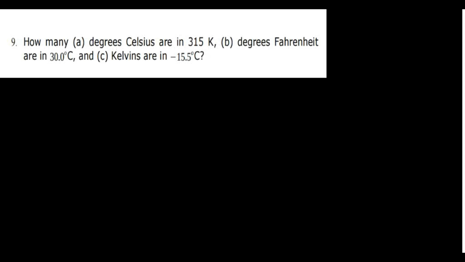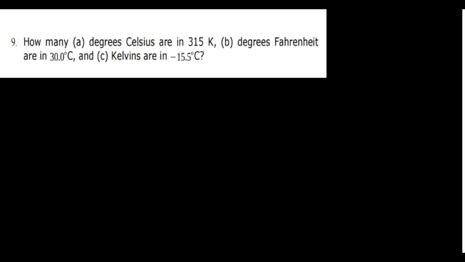Okay, so we have question 9. Question 9 is saying, part A, how many degrees Celsius are in 315 Kelvin; part B, how many degrees Fahrenheit are in 30.0 degrees Celsius; then part C, how many Kelvins are in negative 15.5 degrees Celsius. Okay, so part A, we are converting Kelvin into degrees Celsius.